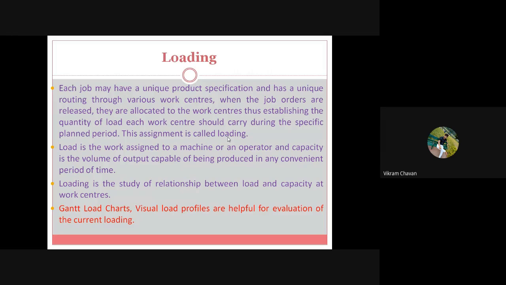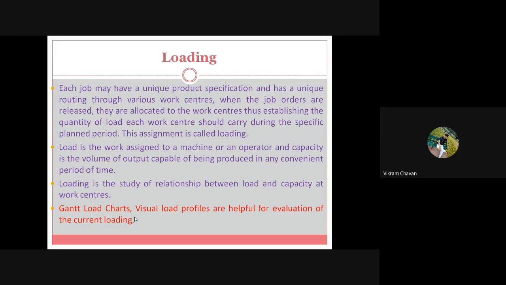Now, to evaluate the capacity and the load on a particular workstation, there are two tools available. That is the Gantt load chart, and the second one is the visual load profile. These are the two tools available to evaluate the load of a particular work center, or of different kinds of work centers, how much load there is, or how much work or task is assigned to each workstation.